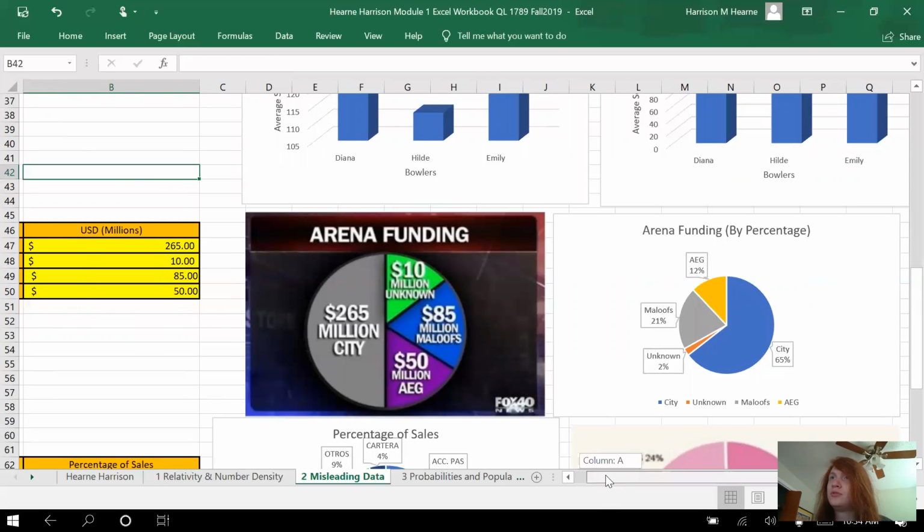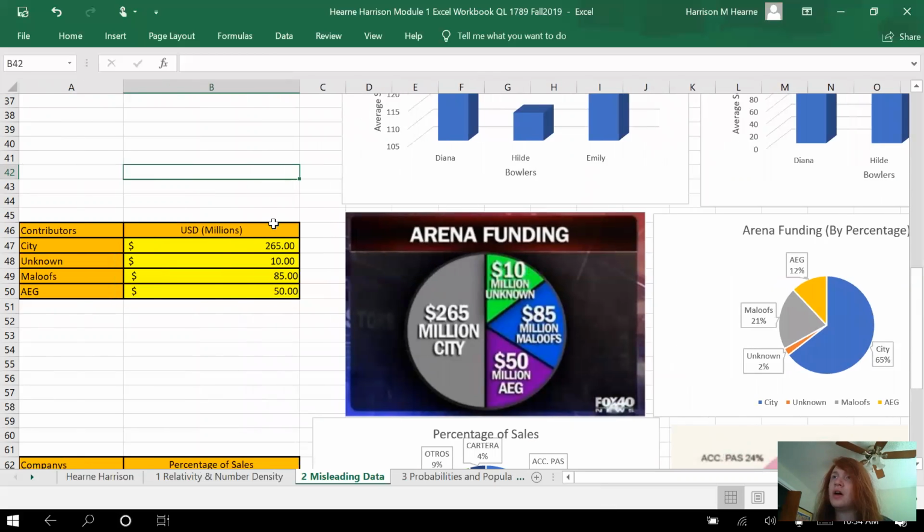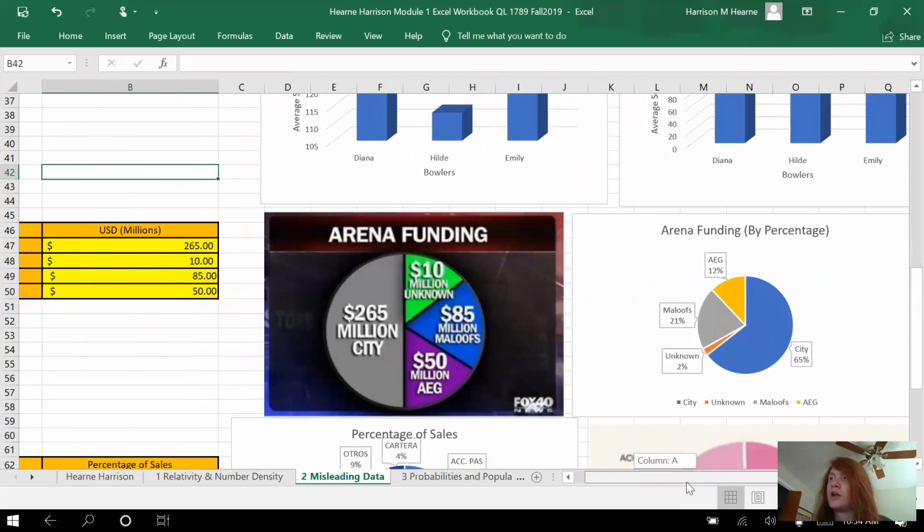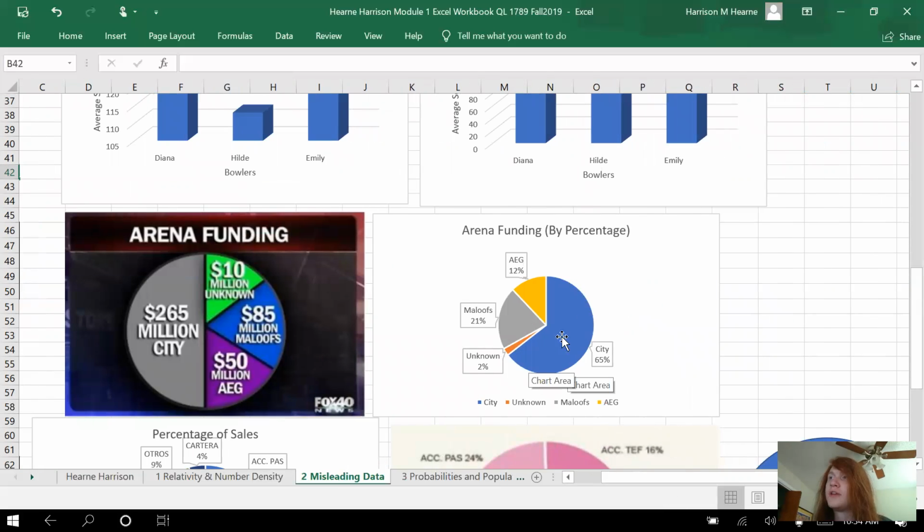When in actuality, if you look at the numbers here or at our corrected pie chart, the city is contributing about 65%. And this unknown company is only committing 2%, but here it looks like maybe 10 to 15%. It's much bigger than it should be.